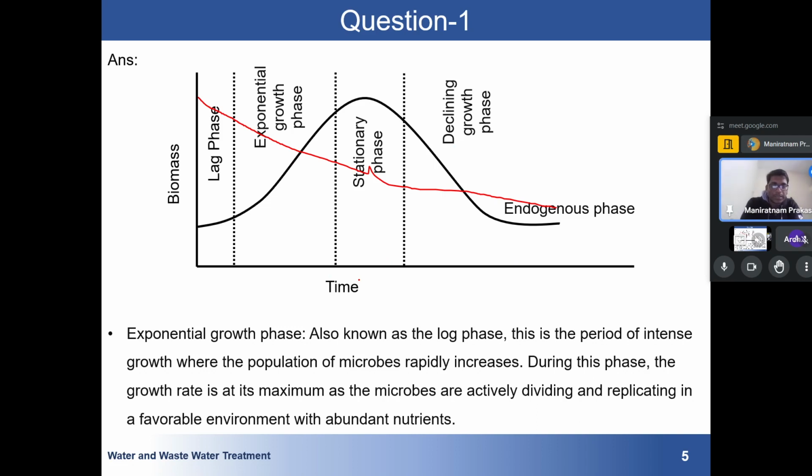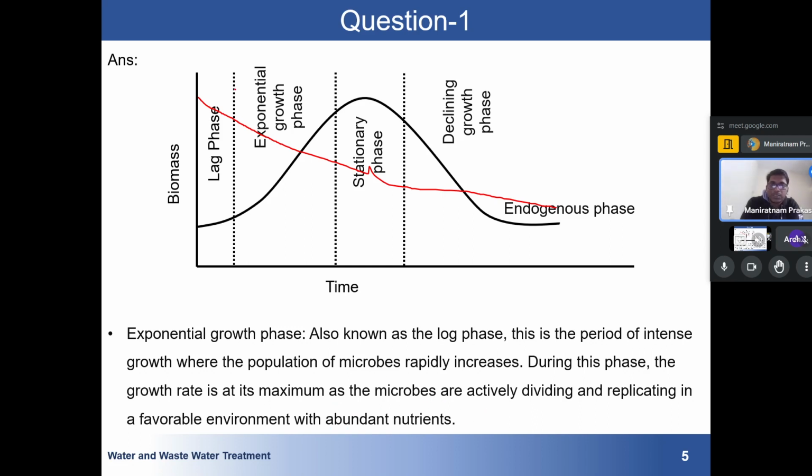But before going to the mathematical derivation, I will just discuss what this exponential growth phase, also known as the log phase, is. This is the period of intense growth where the population of microbes rapidly increases. During this phase the growth rate is at its maximum, as the microbes are actively dividing and replicating in the favorable environment with abundant nutrition.